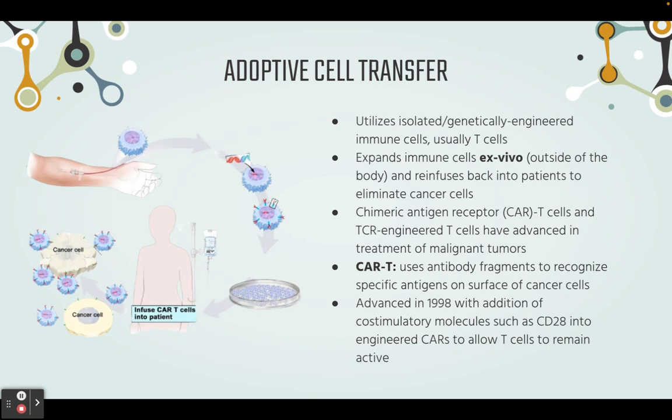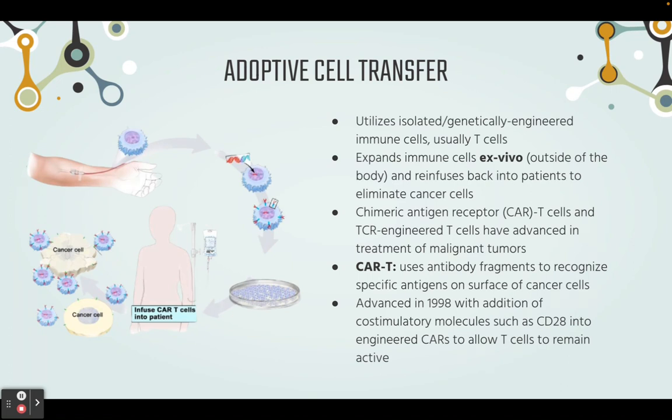It engineers them a bit, which I'll get into, and then reinfuses them back into patients to be more effective at eliminating cancer cells. So chimeric antigen receptors, also better known as CAR T cells, and TCR engineered T cells have advanced in the treatment of malignant tumors.